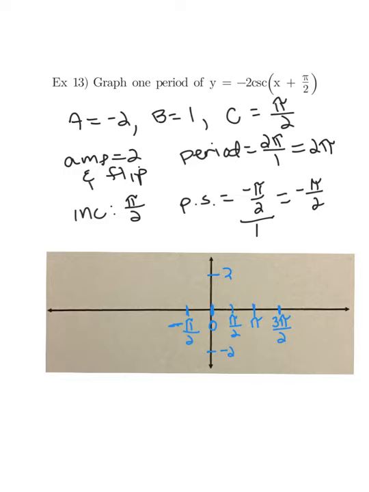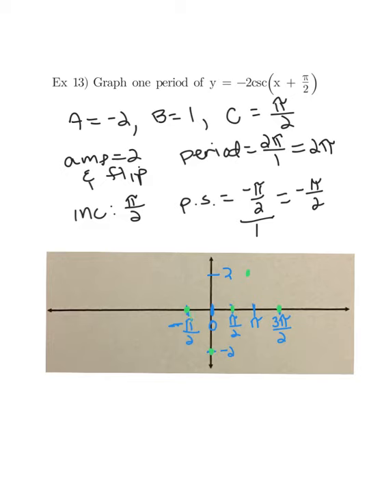Zeros will stay 0, so our first mark will stay 0. But instead of going upward for the second mark, we will go down because we are flipping. Go down to negative 2, then go back to 0, go up to positive 2, and then go back to 0.